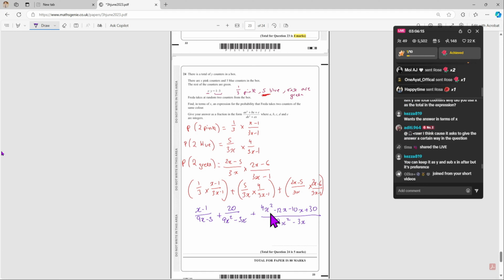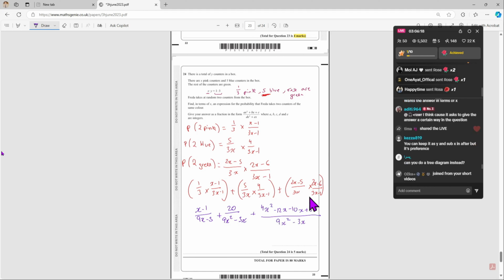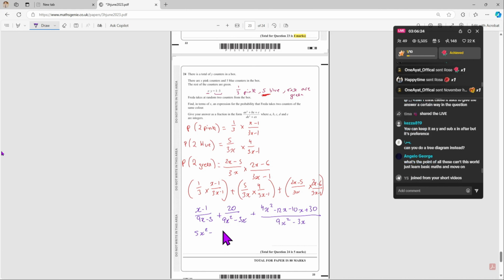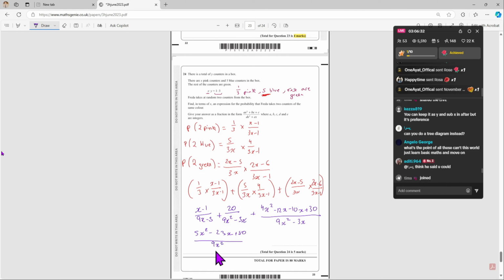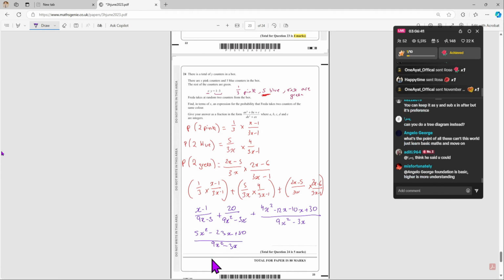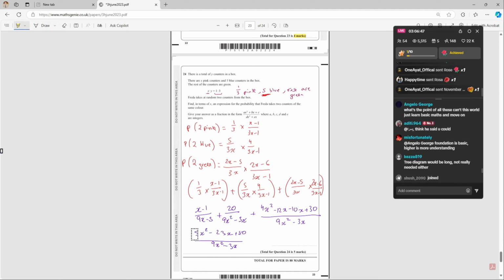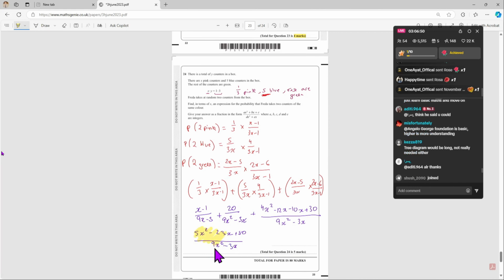So you add these two fractions together and you will just have 5x squared minus 23x plus 50 over 9x squared minus 3x. And that will literally be your answer. That's going to be your final answer. That's just the form.